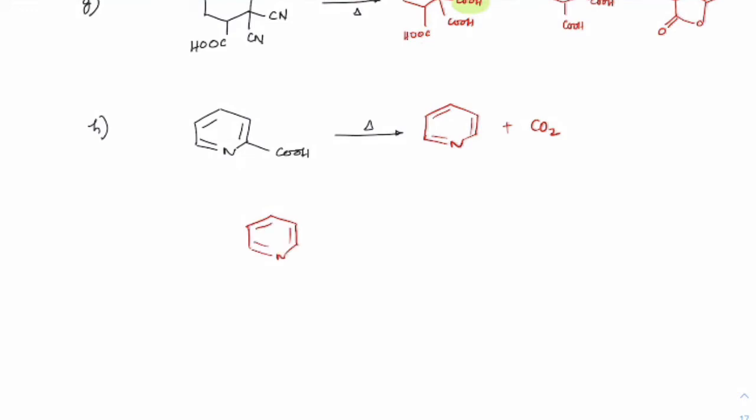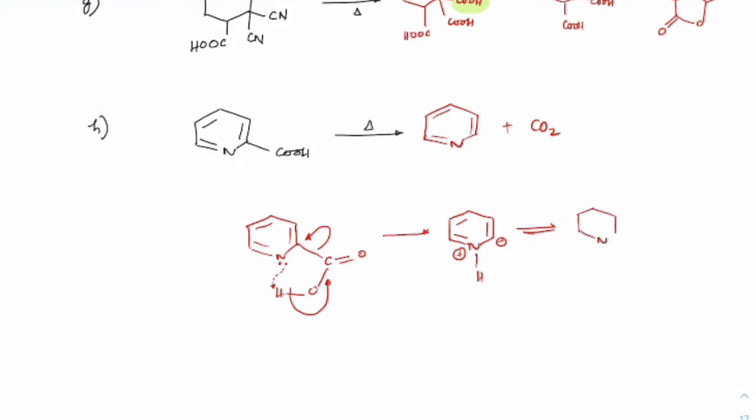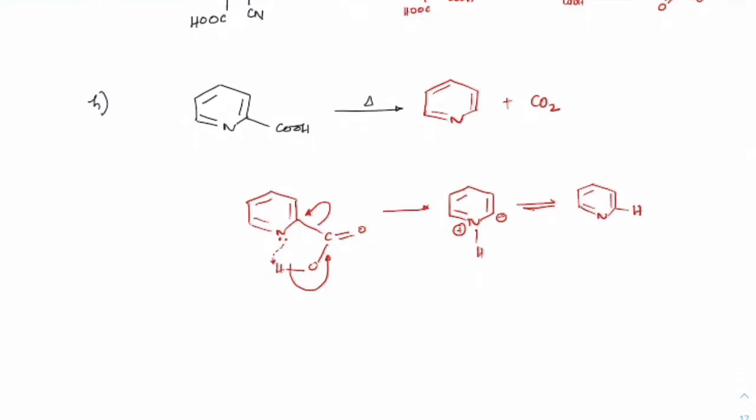First we have this pyridine group with C double bond O, O and H. So the lone pair on N will attack this hydrogen, take that away, and then a double bond will form here and this bond will move. Which makes it the pyridinium form here, with a negative sign here and H positive. So it will take away that H plus and we'll have N and H here. So pyridine is formed.